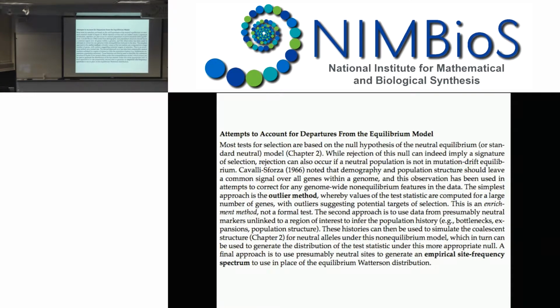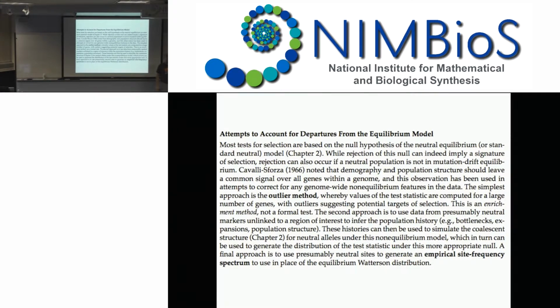So I'm basically trying to generate a more natural, non-equilibrium null model that otherwise fits the data. Of course, the issue here is, do you simulate over the right structures? You can also use the empirical site frequency spectrum. A lot of these methods assume the Watterson distribution, the distribution under equilibrium neutrality, and we ask how that's perturbed.